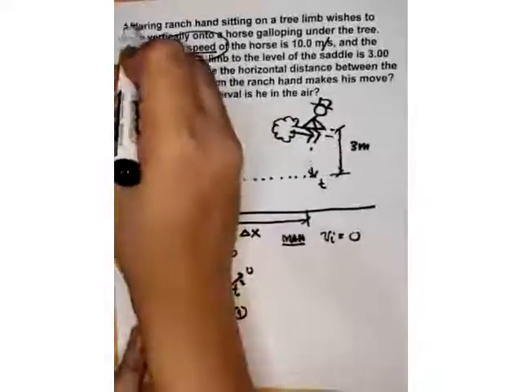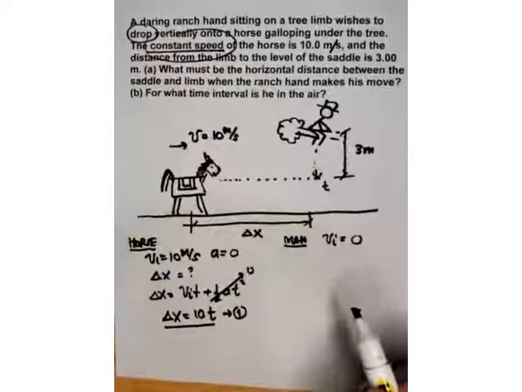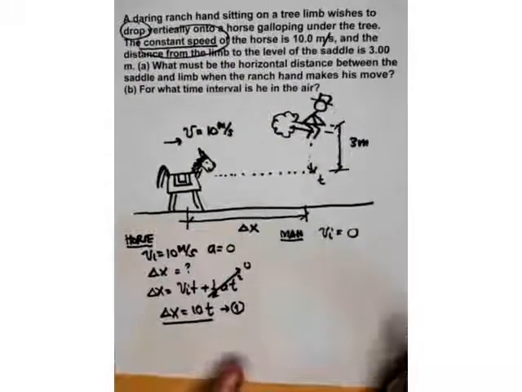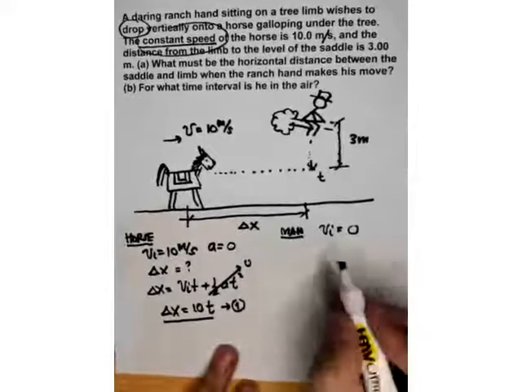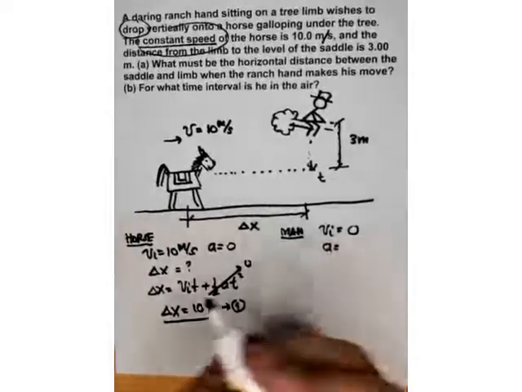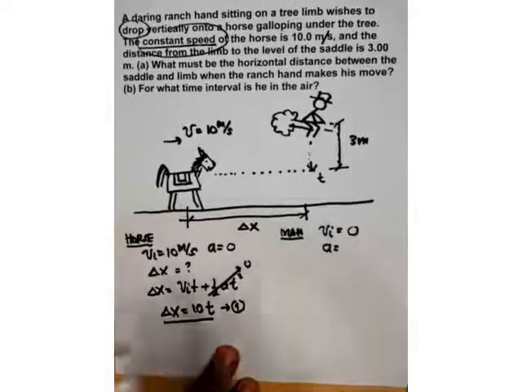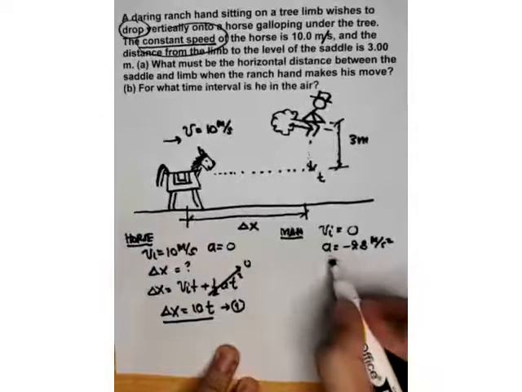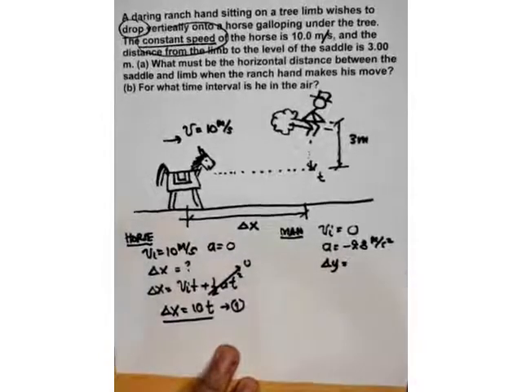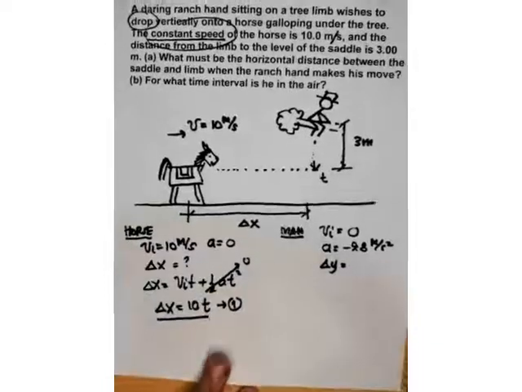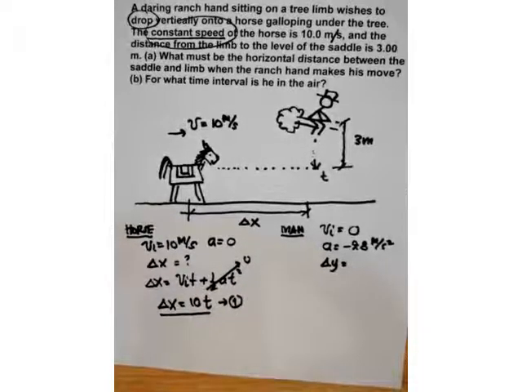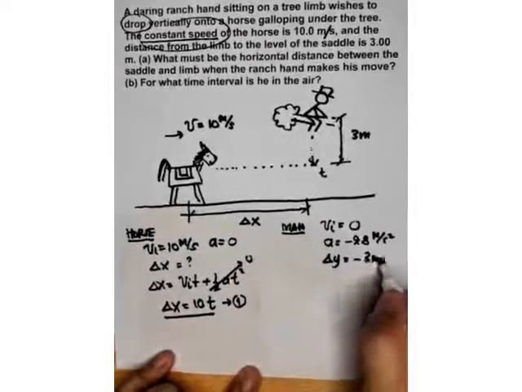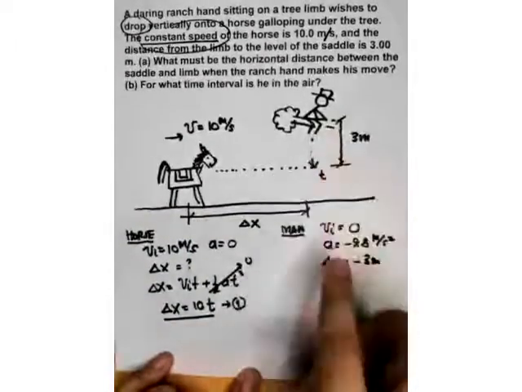Okay, so nandun magpapadrop kasi siya. Magdadrop talaga siya, no? How about the acceleration? And since free fall yan, that's negative 9.8 meters per second squared. And then how about displacement? Okay, so that's negative 3 meters kasi pababa.